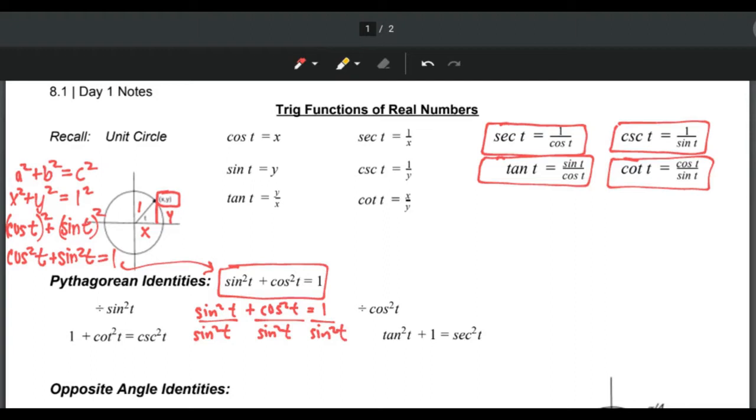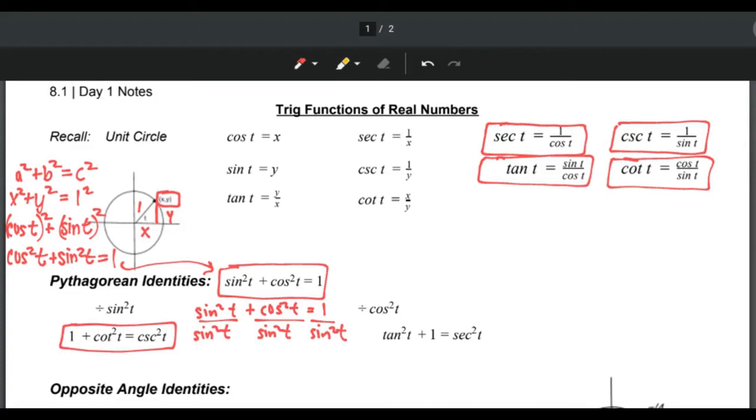Cosine over sine, which is cotangent, but since it's squared, it would be cotangent squared. And then 1 over sine we know is cosecant, so since it's 1 over sine squared, this would be cosecant squared. All right, so the secondary Pythagorean identity is 1 plus cotangent squared of t is equal to cosecant squared of t.